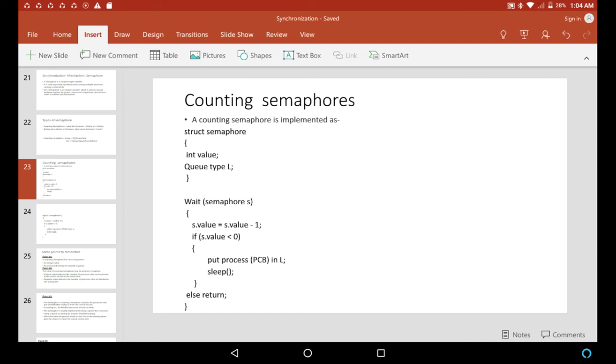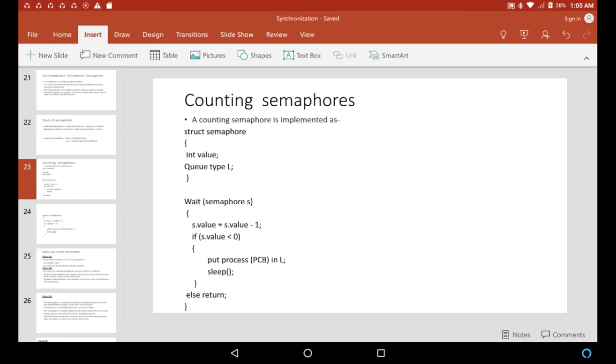What is the first statement in this wait operation? S value is equal to S value minus 1. Now suppose a process P1 comes into the picture and wishes to enter the critical section. P1 has to clear the entry section, which is nothing but a wait operation.